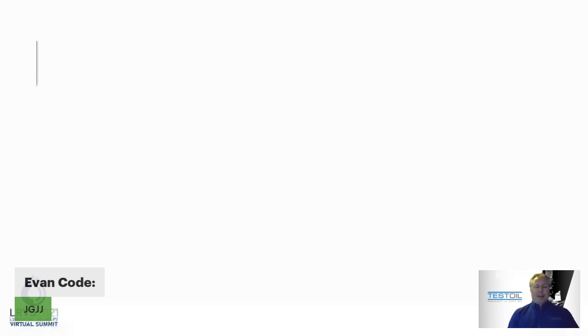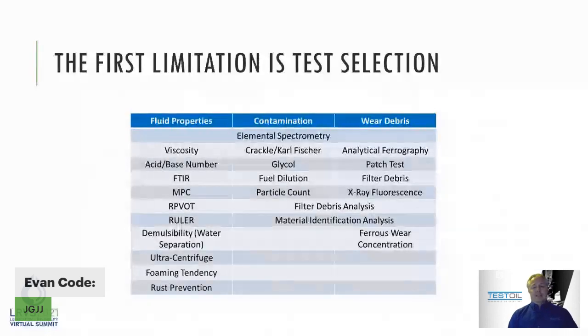I could give a short answer as to oil analysis limitations, and basically it would be this, that when you consider any limitation to a test, it's what does it cover? What's the test selection? And basically oil analysis can be broken down into three categories. So there's basically physical and chemical properties, which you would call fluid properties.